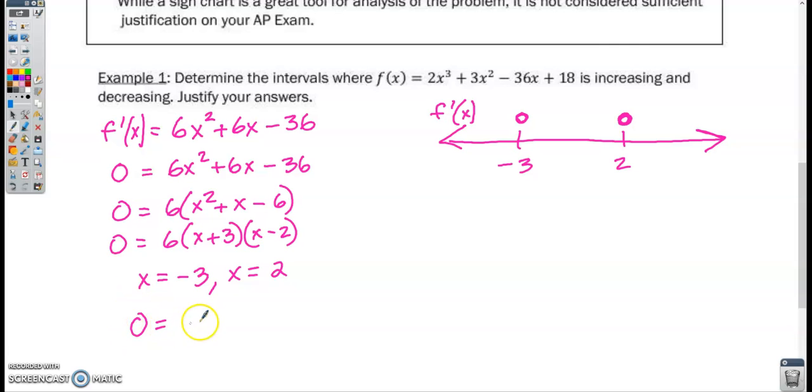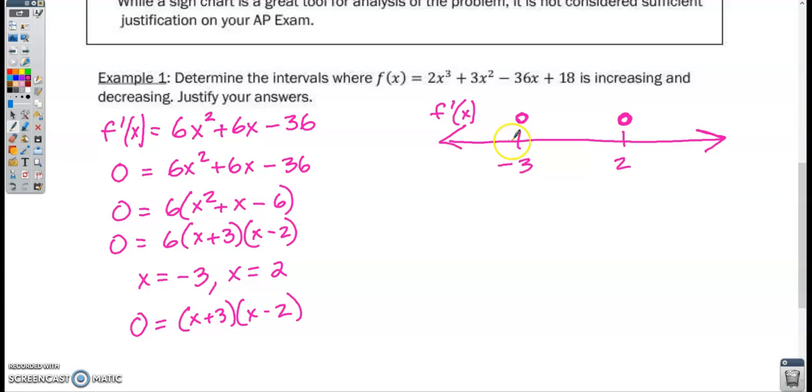This derivative is fundamentally equivalent to this for our purposes in calculation. So I can test the sign of this derivative in various intervals by just substituting values into these expressions. And that's one of the easiest ways we can do this.